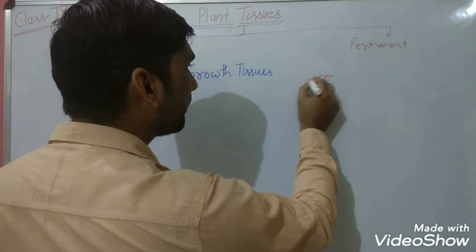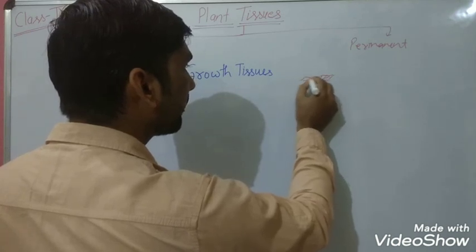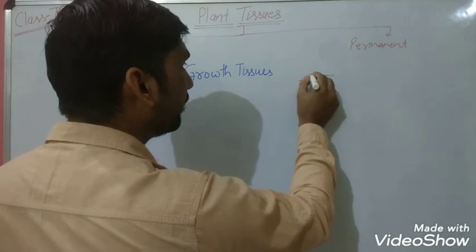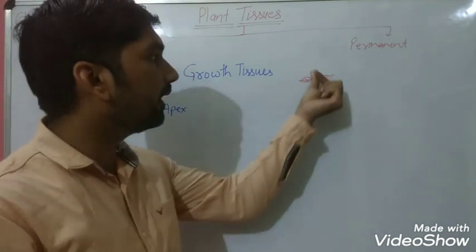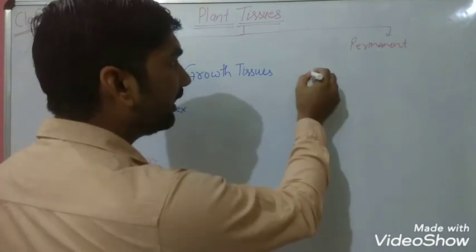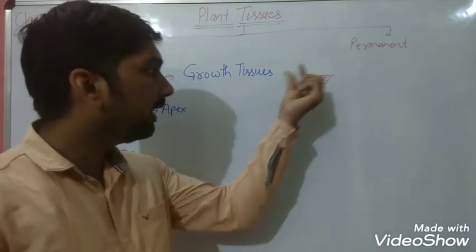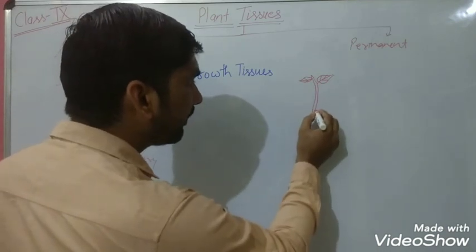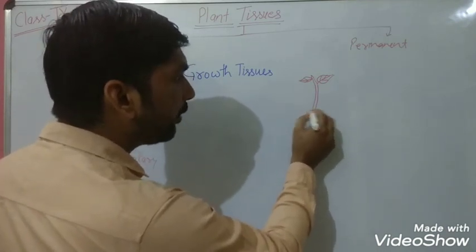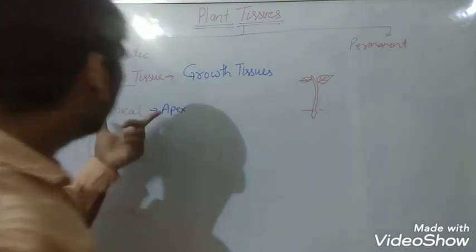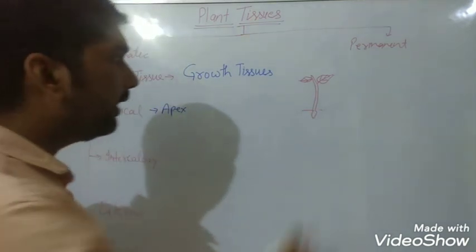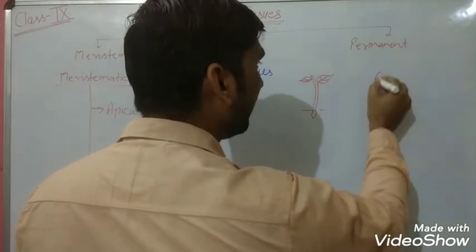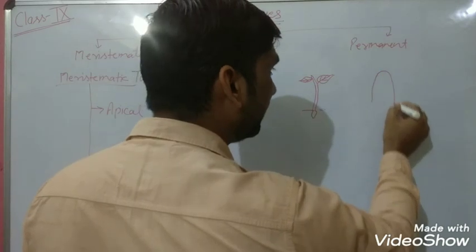This is going to be the top part of the plant. So here at the tip of the shoot, or going downside, as the root, at the tip of the root also this tissue will be present, and if we enlarge this apical part, it may look like this.